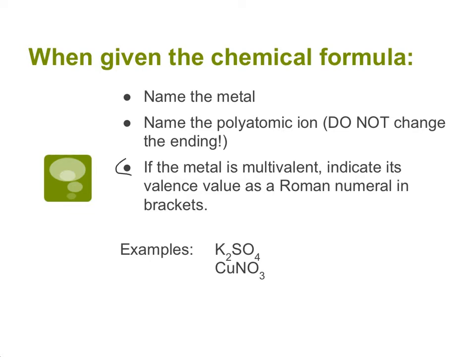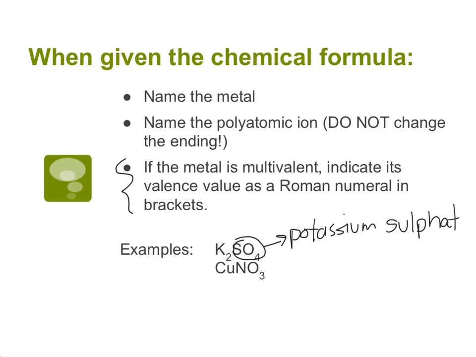And also, if there's a metal that's multivalent, we, as we've done before, need to indicate its valence using a Roman numeral in brackets. So looking at the first example, K2SO4, our metal, K, is potassium, and the SO4 we need to recognize is our sulfate ion.